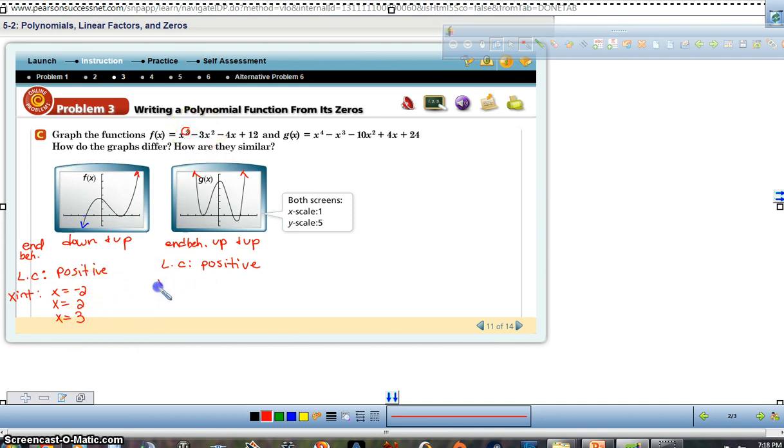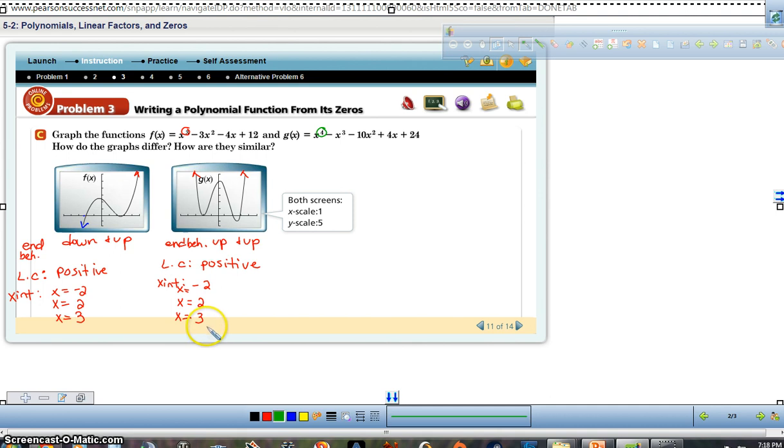Let's look at the x-intercepts on this one: x equals -2, x equals 2, x equals 3. So it has exactly the same x-intercepts. But wait, there's a problem. This is a 4th degree. I have to have 4 answers. I don't have 4 answers listed. So what's happening?